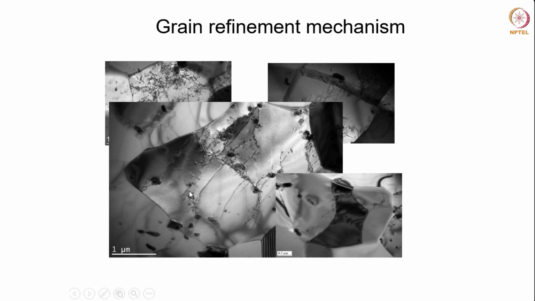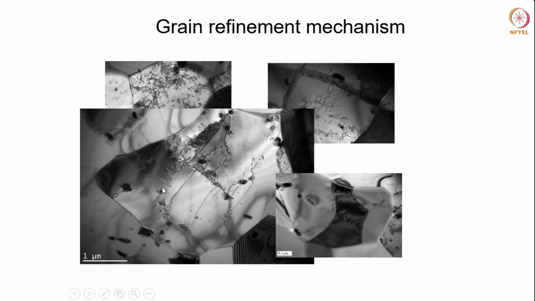Now probably you can see what has happened inside this grain. Here you can see a boundary. This is basically a subgrain boundary which has formed due to arrangement of dislocations.